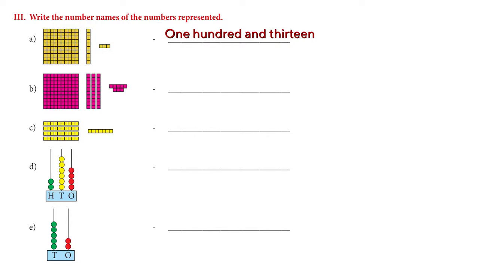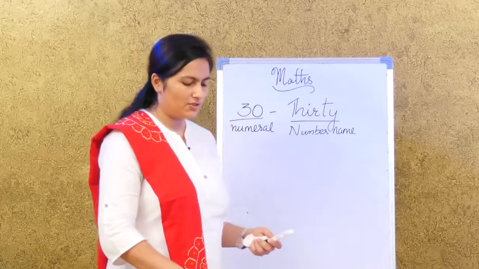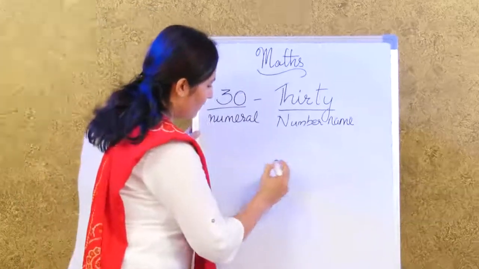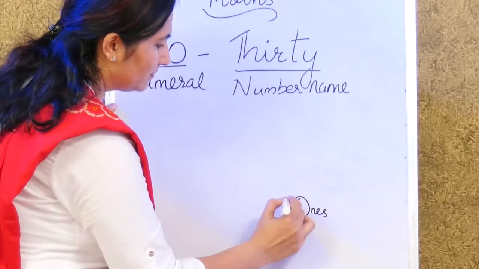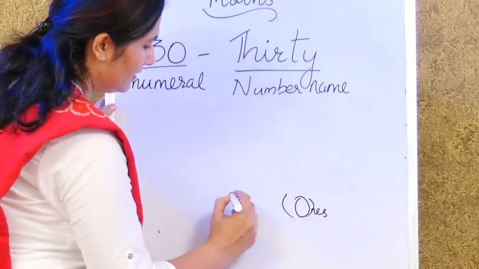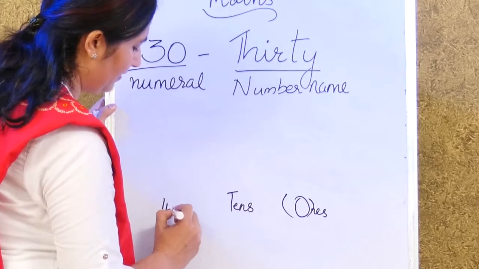Let's do one on D, the abacus method. Let me just brush through: this is ones, this is tens, and this is hundreds.